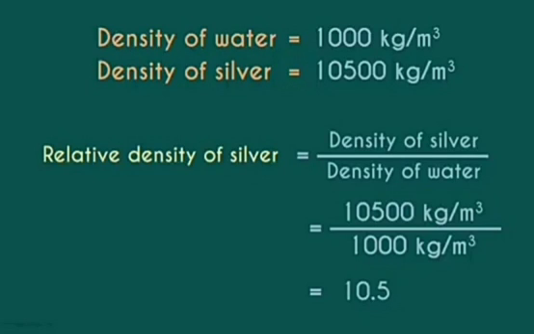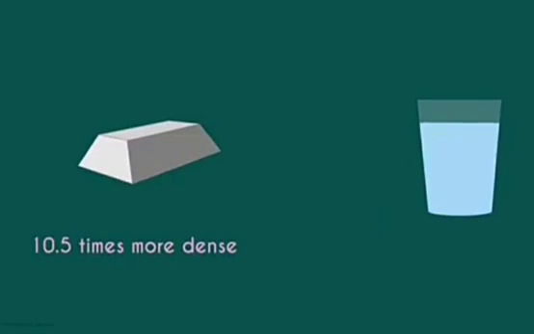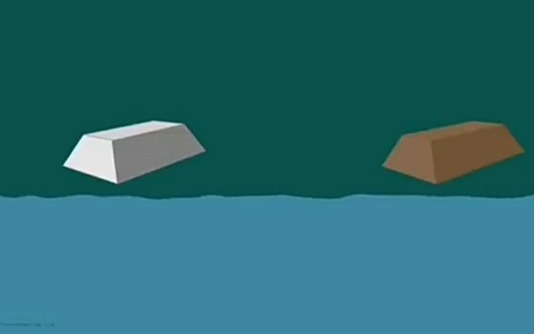Now what can we understand from this? First, it tells us that silver is more dense than the water. That is, it is 10.5 times more dense than the water. Now it tells another important thing. It tells us whether the object will float or sink in water.